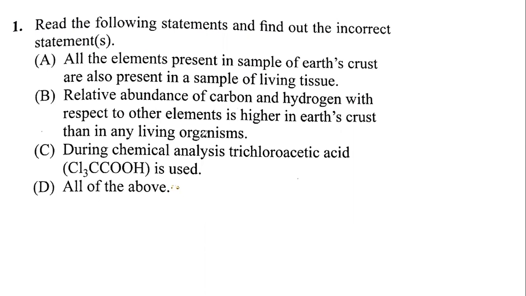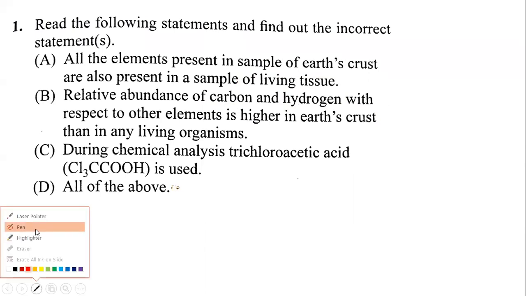The relative abundance of hydrogen is higher in the earth's crust, as told in the question, but the relative abundance of carbon is more in the living tissue than in the earth's crust. So that is a wrong statement, which marks the correct answer for this question. Is that clear for everybody?